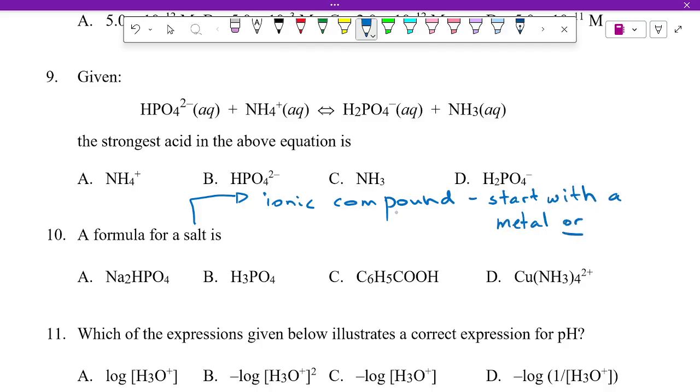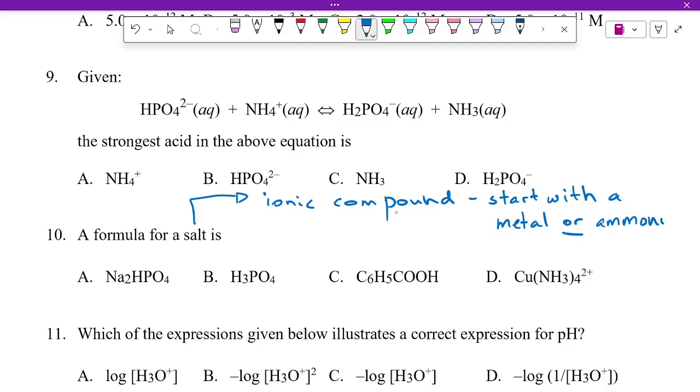Or what's the other thing they can start with? There's another positive ion. No, those are going to be acids. That is another positive ion, but those ones will be acids. You guys should know this one.